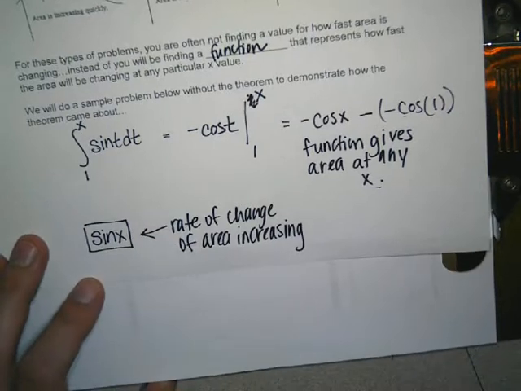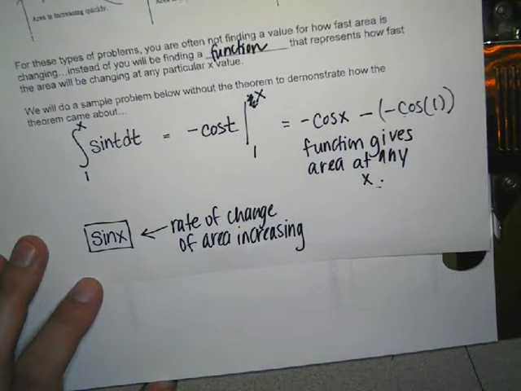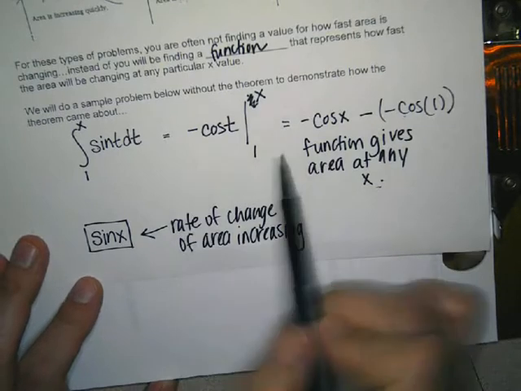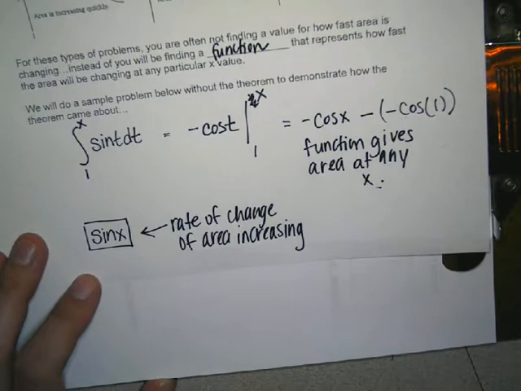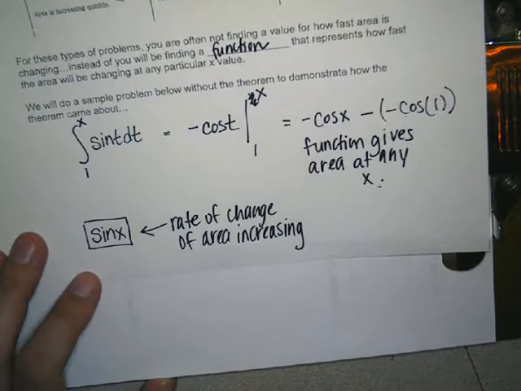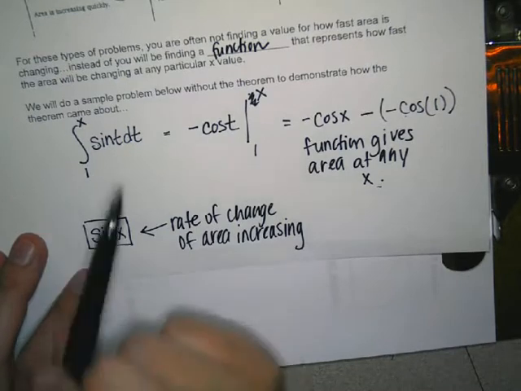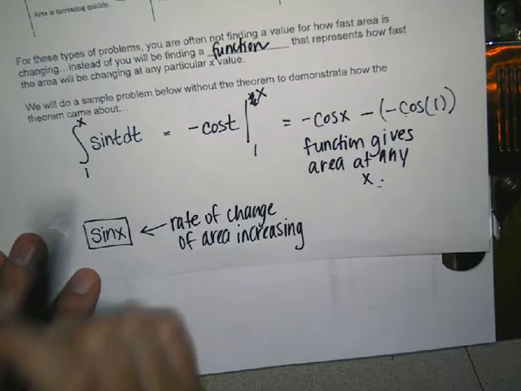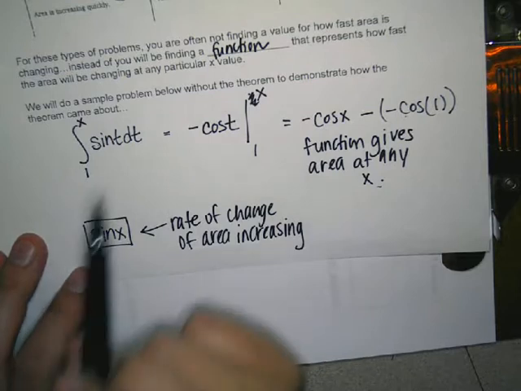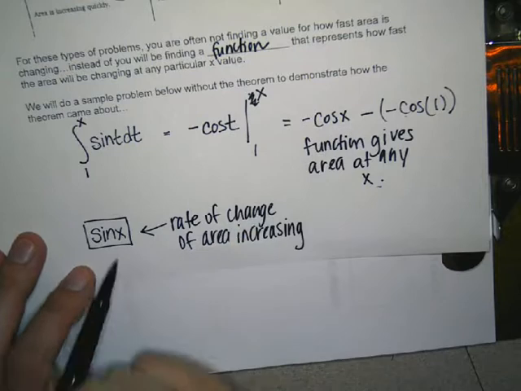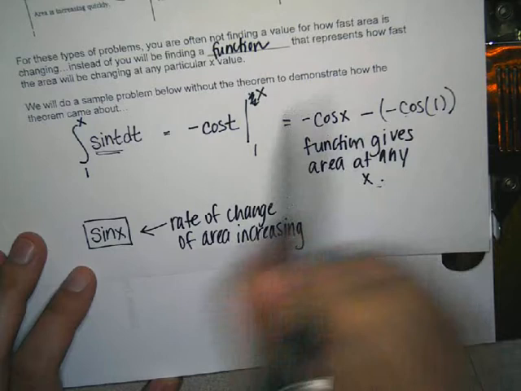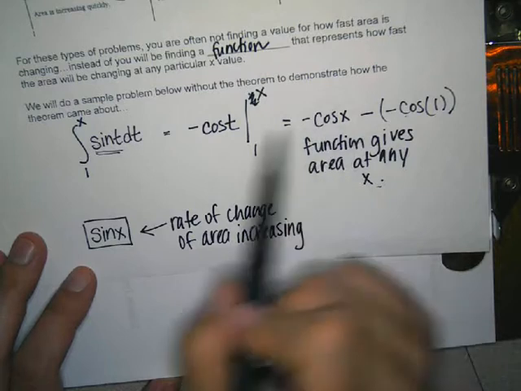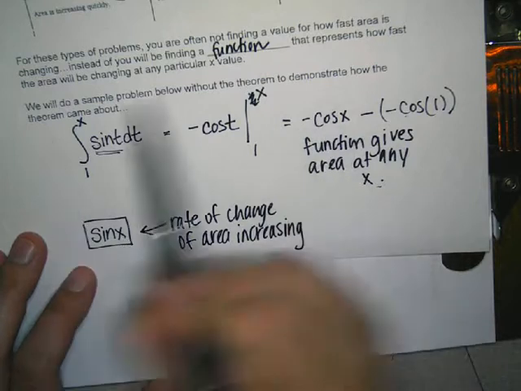What the second fundamental theorem of calculus does for us is it helps us skip this middle step, because this pattern will happen every time. When you have to find the rate of change of area, or of an integrand, instead of integrating and then taking the derivative, since this is already the derivative of whatever you have of your function, we use that fact and we skip over this step.